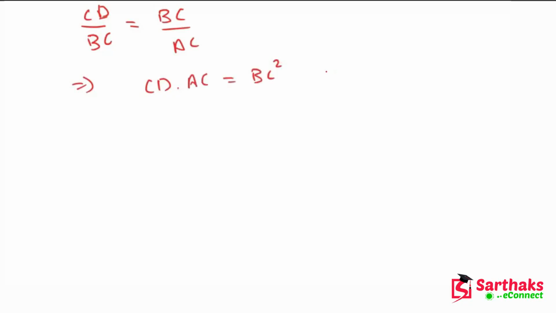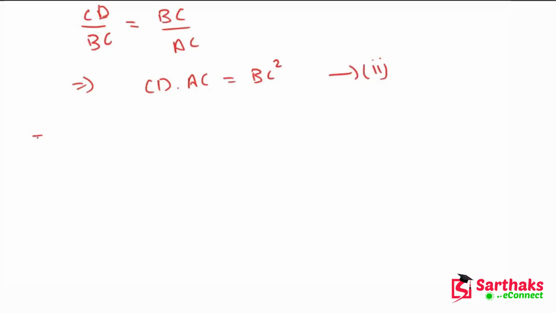So CD upon BC is equal to BC upon AC, and if we cross multiply, we get CD dot AC is equal to BC square. This is our second equation.